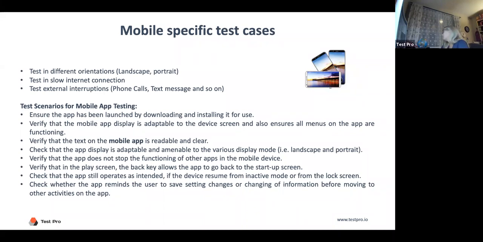So for example, I'm using the Audible application and I'm reading the book inside. And on purpose or by mistake, I hit the power button on my phone and the screen is locked. Once I unlock, I want to see the same view. That's an example of this test case. And this test case is functional. Yes. Functional.